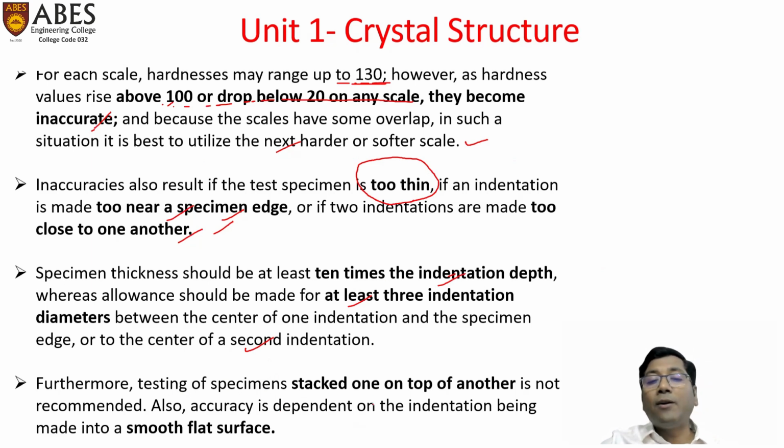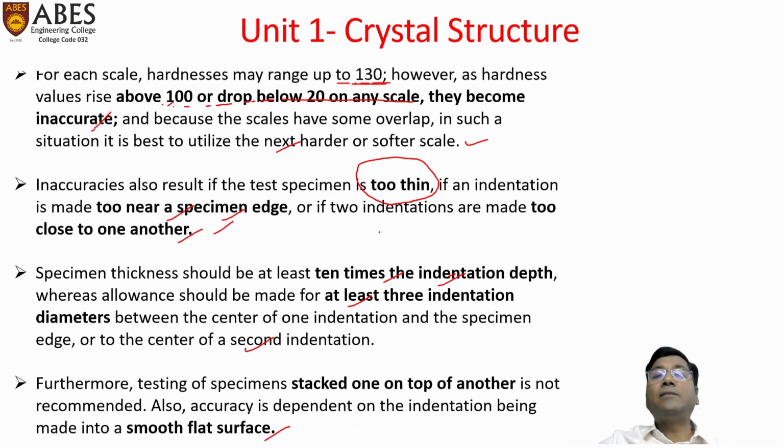Also, accuracy is dependent on the indentation being made into a smooth, flat surface. So first we have to make the surface flat enough, not stacked one on top of another, at least 3 indentation diameters apart from the edge or the center of another indentation, and with thickness at least 10 times the indentation depth.